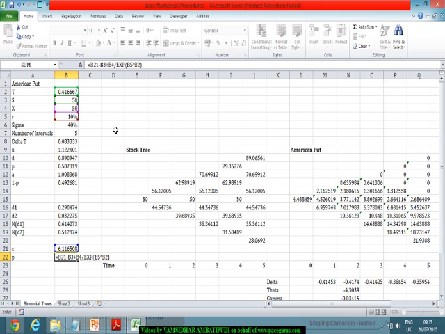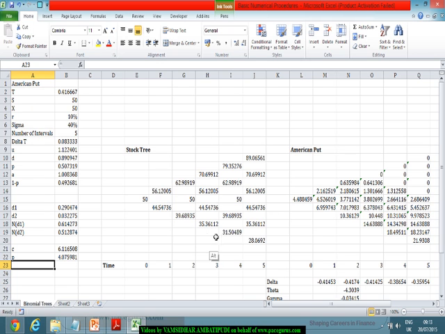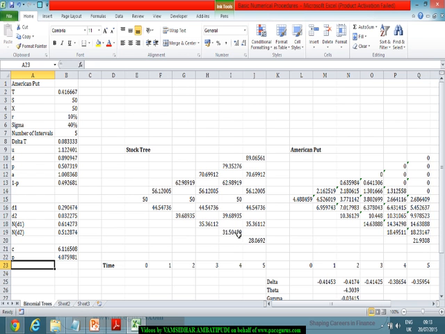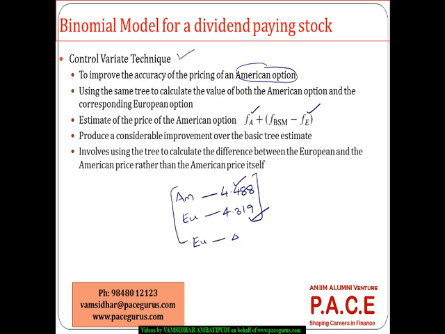So this gives me the price of the put option computed through the Black-Scholes model. The European, when I am doing it with the Black-Scholes, is coming out to 4.075. So the binomial tree gave 4.31, the Black-Scholes has given 4.07.